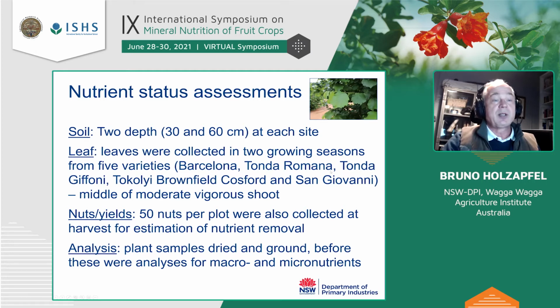The leaves were collected for this presentation in 2 growing seasons from 5 varieties, the 3 major ones and 2 of the less prominent ones. They were taken from the middle of a shoot, from moderately big shoots. Also, at harvest from the temperate location, 50 nuts per plot were collected to assess nutrient removal. Of course, the samples were then dried, ground, and analyzed for the various nutrients.